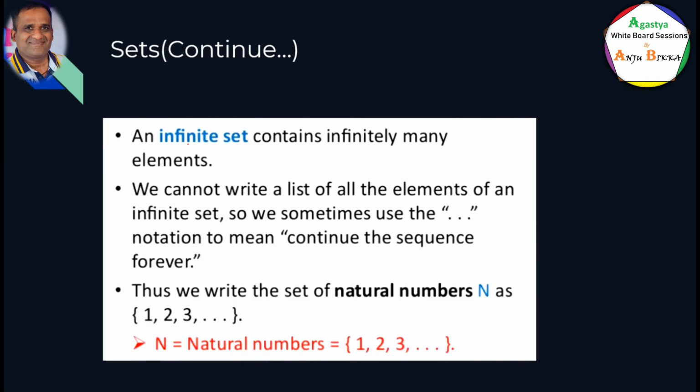Now, what is an infinite set? An infinite set contains infinitely many elements. So when we say 1, 2, 3 with three dots, it means many elements, infinite elements. This is the set of natural numbers.